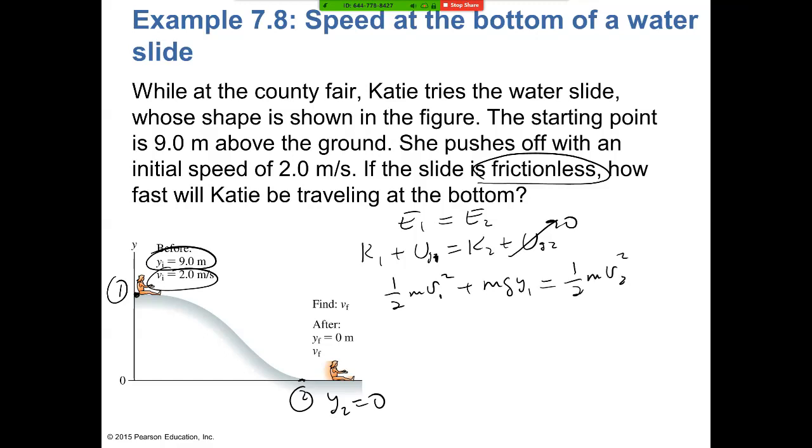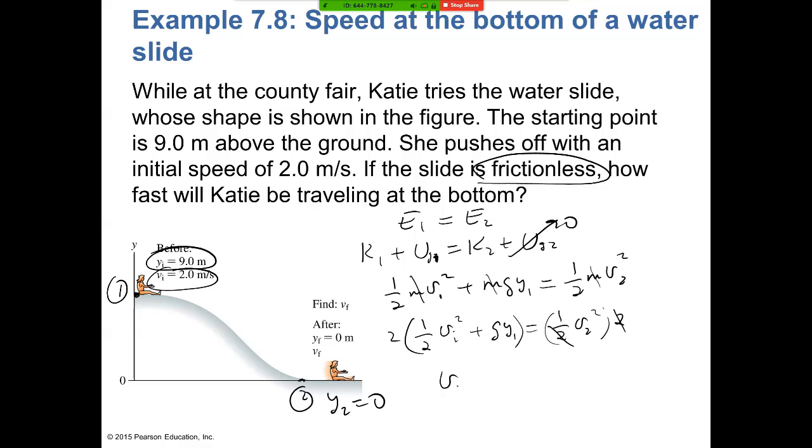Well, 1/2 m v1 squared plus m g y1 equals 1/2 m v2 squared. Again, initial and final, you can write it as 1 and 2. I can cancel the mass from everywhere. It's independent of the mass if there's no friction. Then I get 1/2 v initial squared plus g y1 equals 1/2 v2 squared. I multiply both sides by 2 to get rid of the 2 and switch the sides.